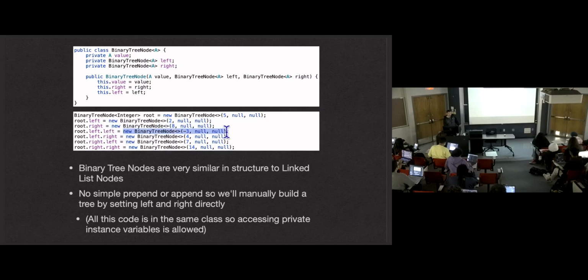And we could actually do this all in one line. We could have one massively long line that creates this entire tree just by putting all these in place of these nulls. But I decided to create it and then replace the nulls after. Yeah, we have multiple options here.